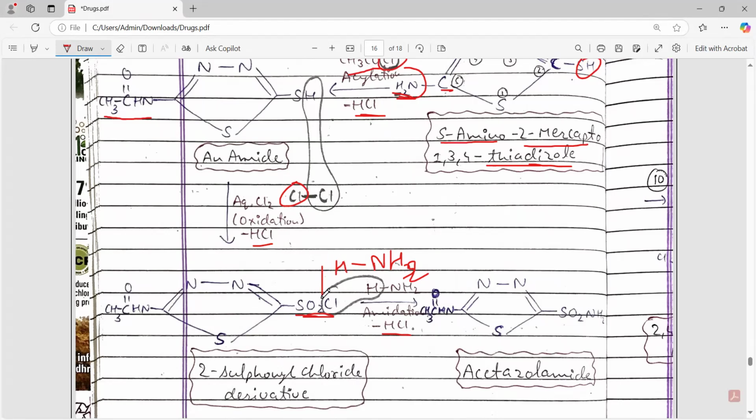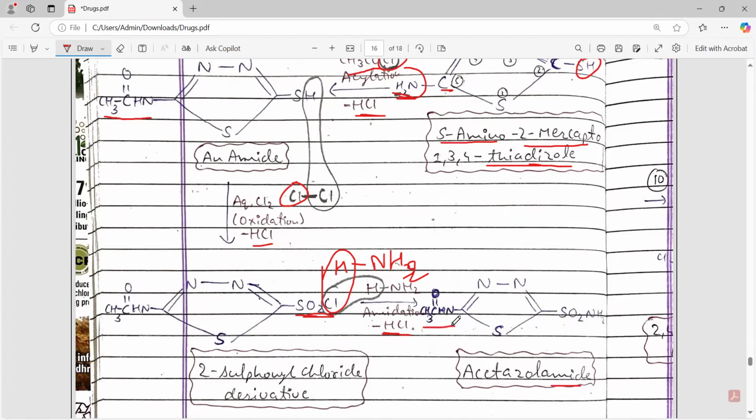So here HCl will be removed like this, as I'm mentioning over here, both are same. So amidation, minus HCl will be eliminated as a small moiety, and we will get acetazolamide. So basically the amide group is there on both sides.